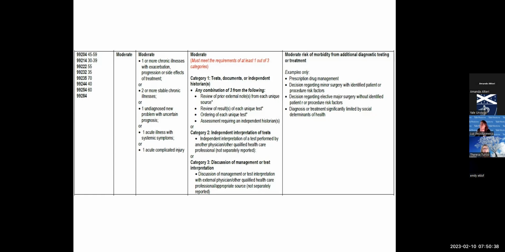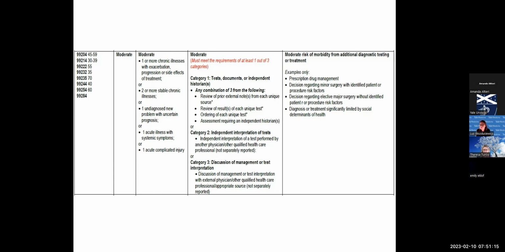So if you reviewed or ordered 3 separate laboratory tests, a chem panel, a thyroid panel, and a CBC, that would equate to a level 4 under this category. If you offered your own independent interpretation of a diagnostic test, that would fall under this category. And if you documented a discussion of management or test interpretation with another physician, external physician or healthcare provider, that would also fall under another level 4.